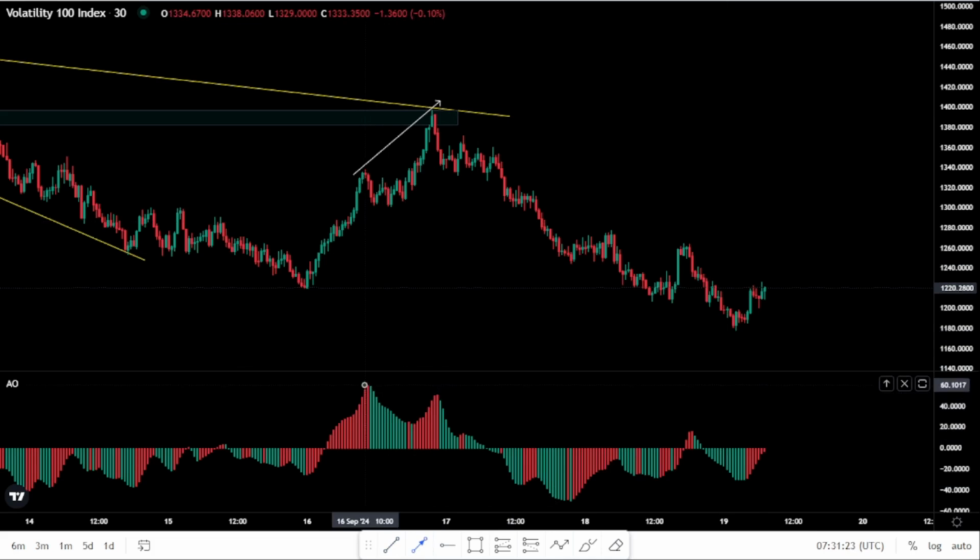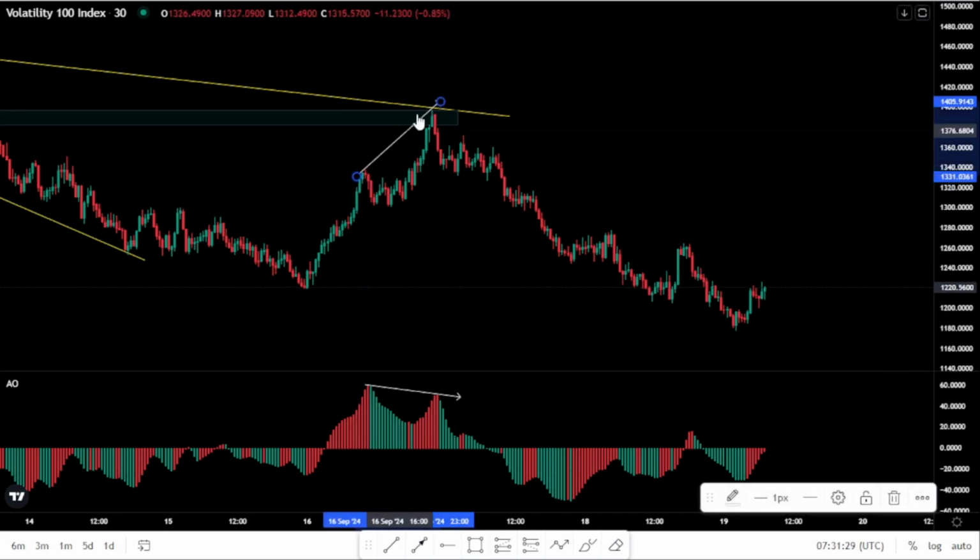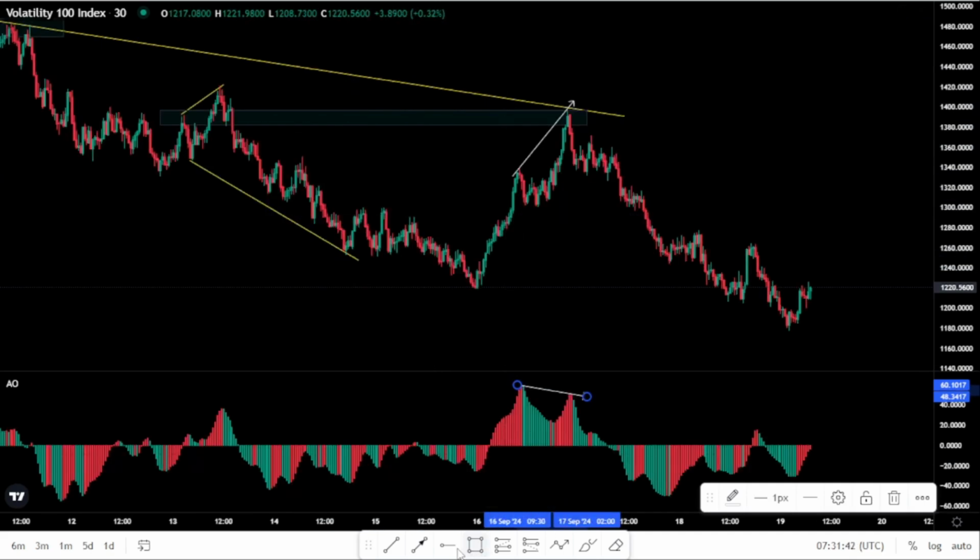The awesome oscillator is giving us lower highs. So as the market was giving us higher highs, the awesome oscillator gave us lower highs. And what is that? That is an indication of a reversal.